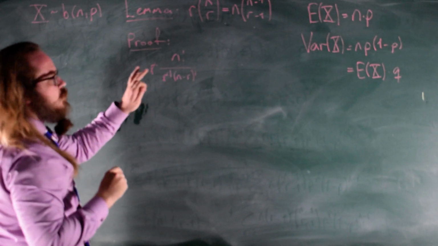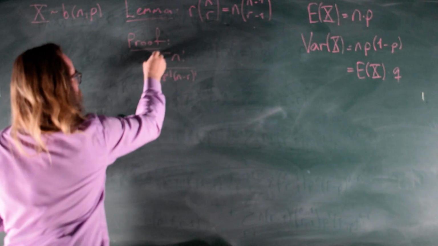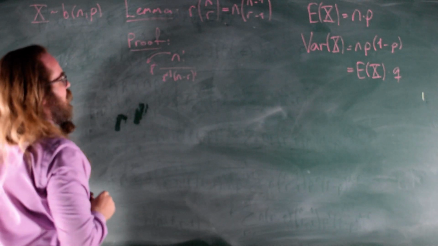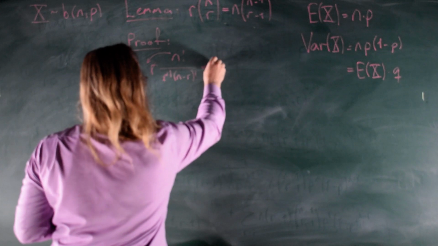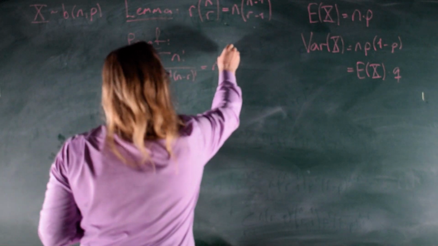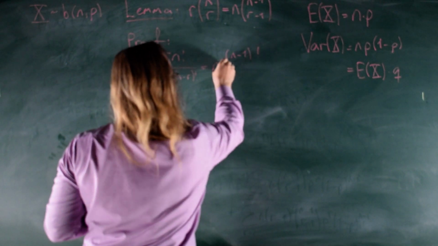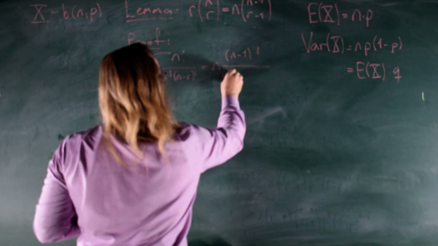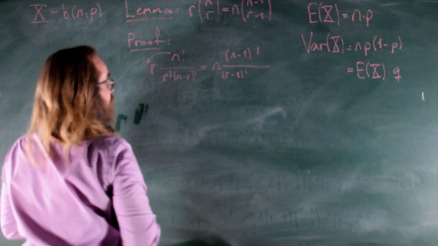It looks kind of weird, but hopefully it'll make sense when I continue. Okay, the leading n will go in front of the fraction. So we'll end up with an n here, and an n minus 1 factorial divided by r minus 1 factorial, since we cancel the leading r there.